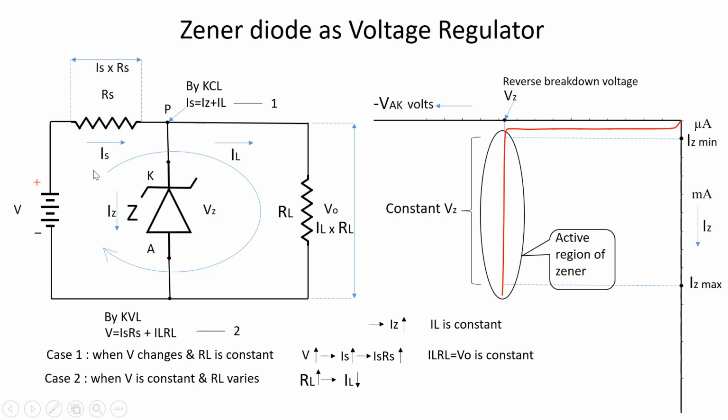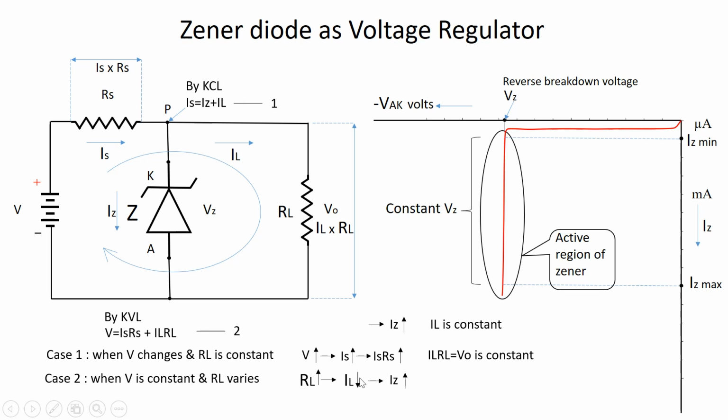As there are no changes from the supply side, according to this equation number 1, IS is unchanged, but IL is decreased. To balance this equation 1, IZ will increase. The excess current will be diverted through again this Zener diode, maintaining the equilibrium of this equation number 1 here.